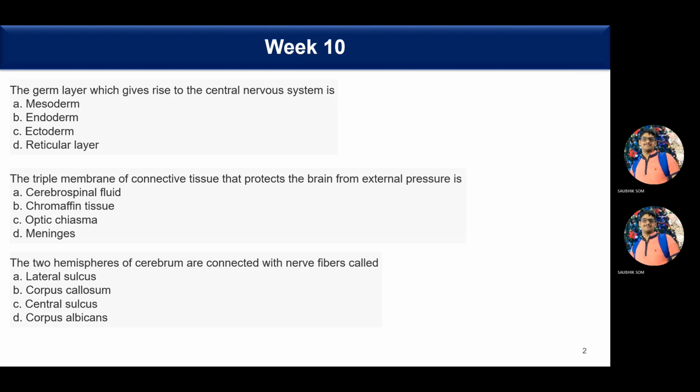The first question is: which germ layer gives rise to the central nervous system? Mesoderm, endoderm, ectoderm, or reticular layer?